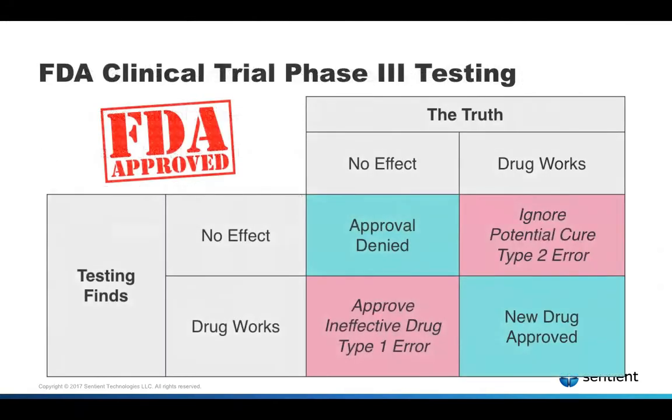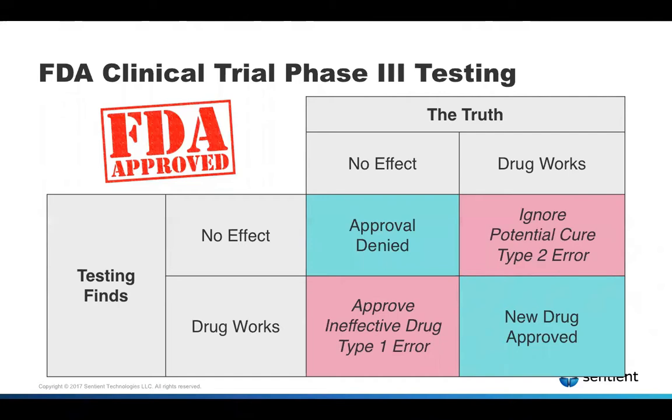So before we go any further, let's talk about the granddaddy of all A/B tests, and that would be FDA clinical phase 3 testing. Oftentimes when people learn about hypothesis testing, this is given as an example, because the FDA doesn't want a drug to be approved that's ineffective. And so you have all these different cases where people think, well, gosh, this drug might work.